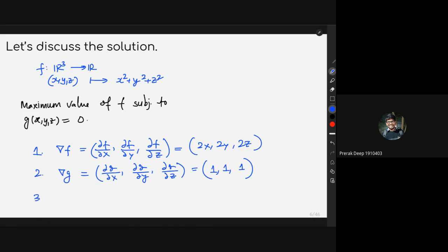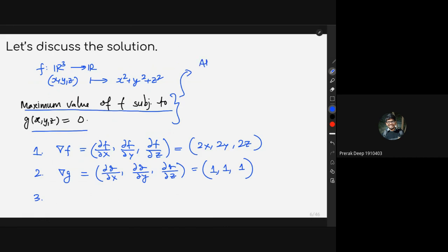Now, third point is, if you want to find the maximum value of f subject to this constraint, whatever the maximum value will be, it will be attained at a point.